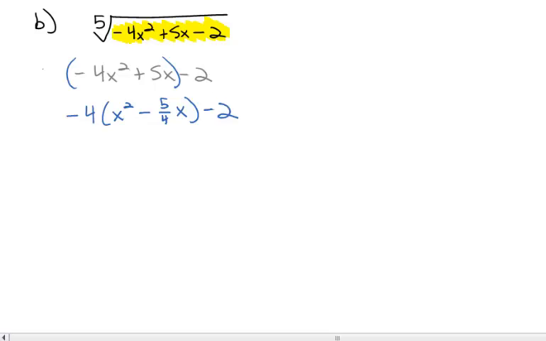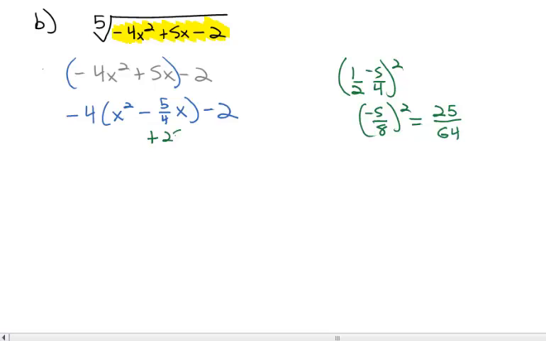Now we're ready to complete the square by finding 1/2 of b squared. 1/2 of negative 5/4 squared is negative 5/8 squared, which is a positive 25 over 64. So we're going to add 25 over 64.